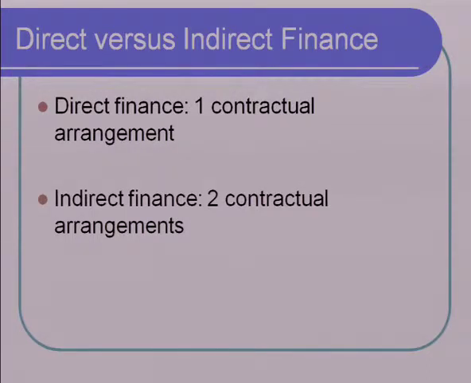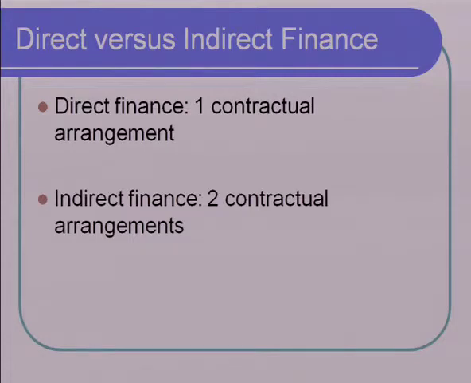A good example of direct finance is the stock market. If you purchase shares in a particular company through the stock market, then that company, or its management, has an obligation to use the monies that the shareholders have invested as wisely as possible, and to generate a reasonable return on equity so that shareholders receive reasonable dividends and hopefully capital gains when they come to sell their shares. But the arrangement, in a sense, is just between you and the company.